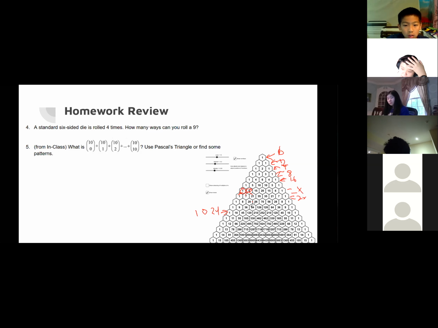But another way you can think of it is instead just think of this directly. So 10 choose 0 plus 10 choose 1 and so on. What does 10 choose 0 mean? That means choosing 0 objects out of 10. 10 choose 1 means choosing 1 object out of 10, and so on.